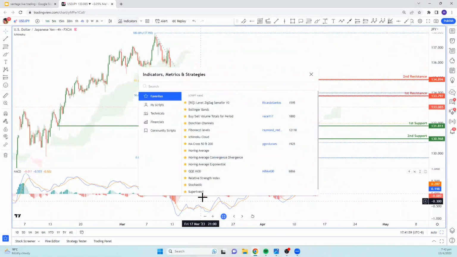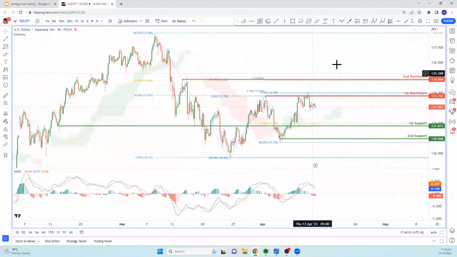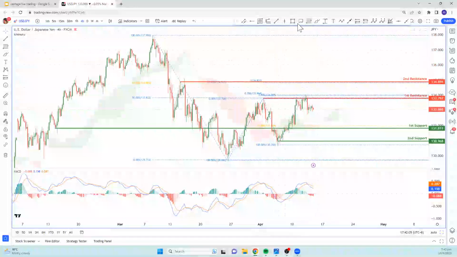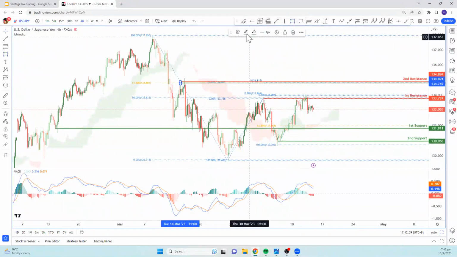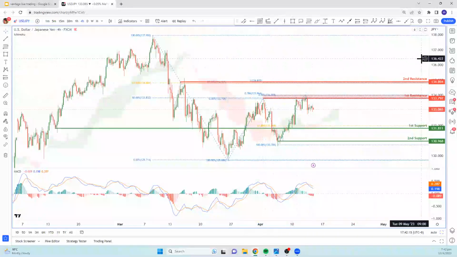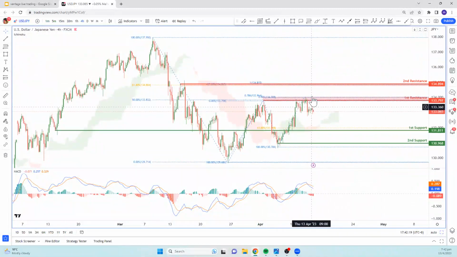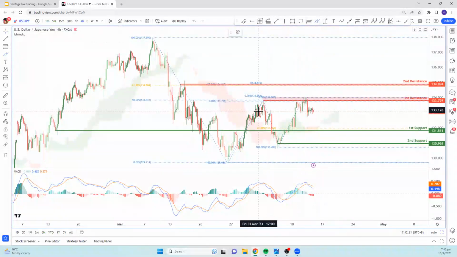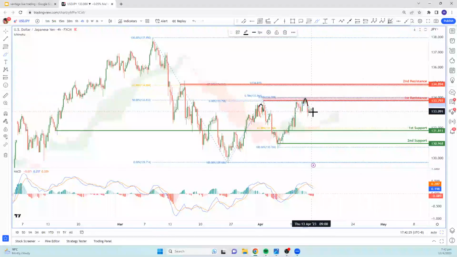So we're just going to make use of our indicators as well as the analysis that we've done so far. Since we have a couple of confluence areas here and here, you can see because of this large confluence area, price reversed off of this area before.